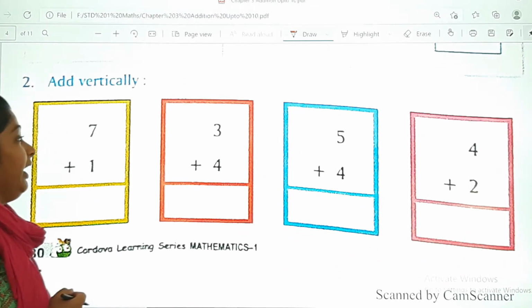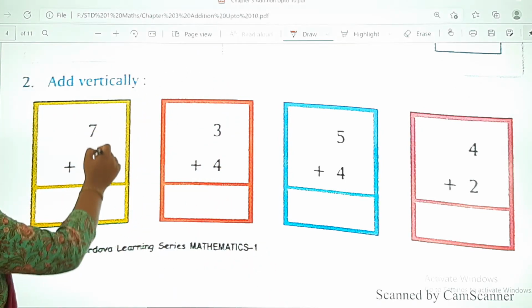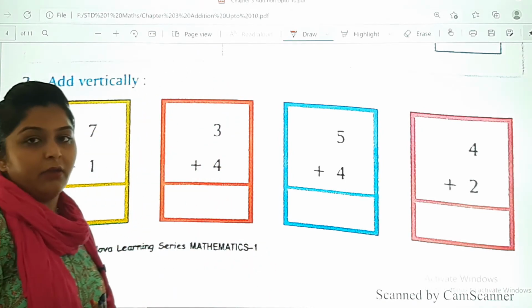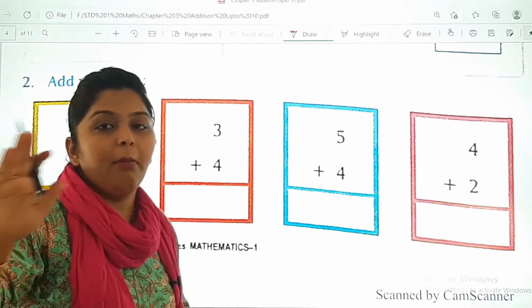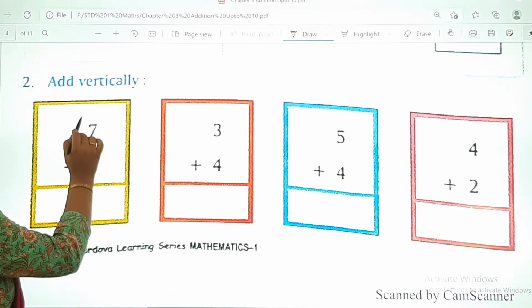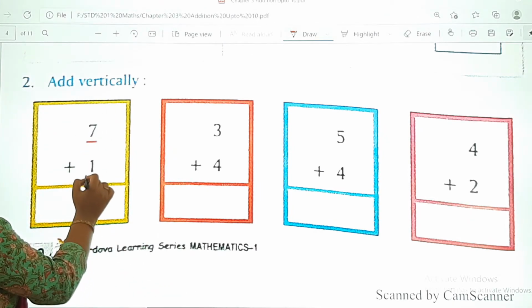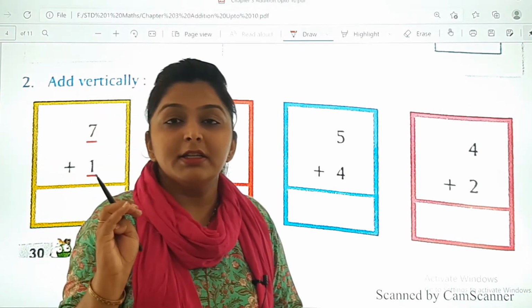Next you have add vertical. Add vertical means doing addition like this. Okay, understood? Add horizontal means doing addition on the number line. Now here you have number 7 and number 1. So count on your fingers.